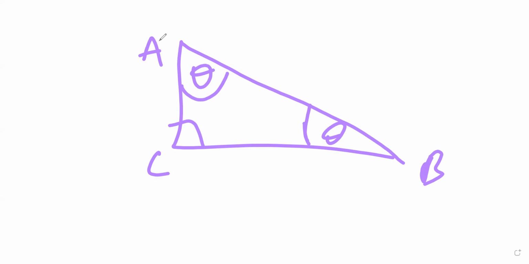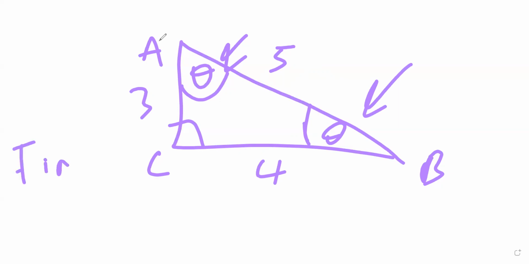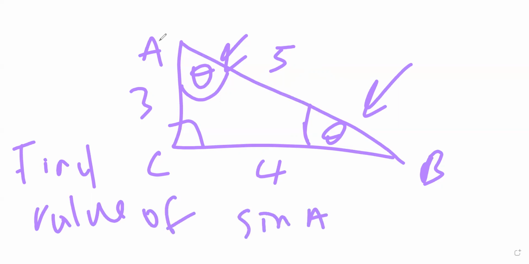Now, let's use about the same dimensions that we used. If I wanted to find this angle in terms of sine and this angle in terms of cos, let's see. We could do this so many ways. Let's do it step by step. Now, find the value of sine A, and then find the value of cos B.